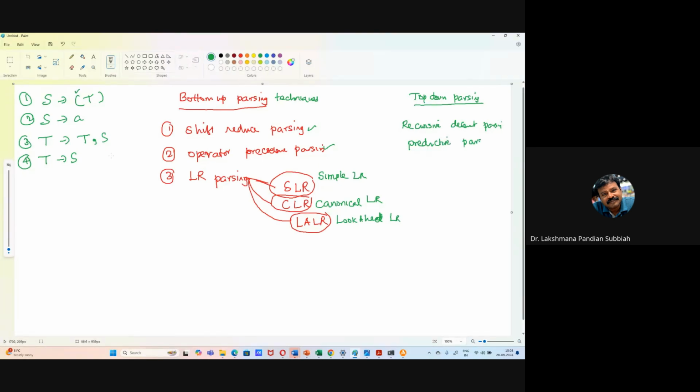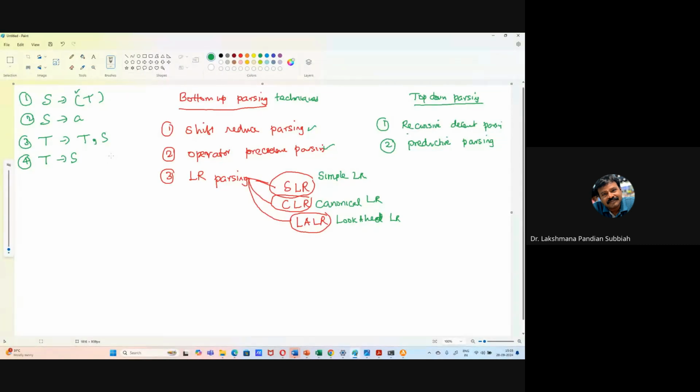Here we have only two types. So we have shift reduce parsing, operator precedence parsing, SLR parsing, canonical LR parsing, look ahead LR parsing, and then recursive descent parsing and predictive parsing. These are all the possible parsing techniques, and we are going to see them in that particular topic.